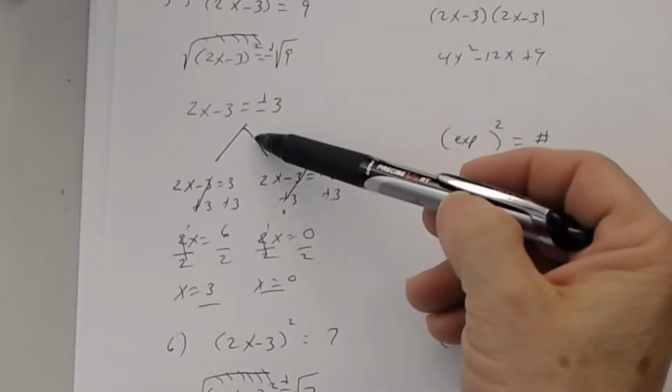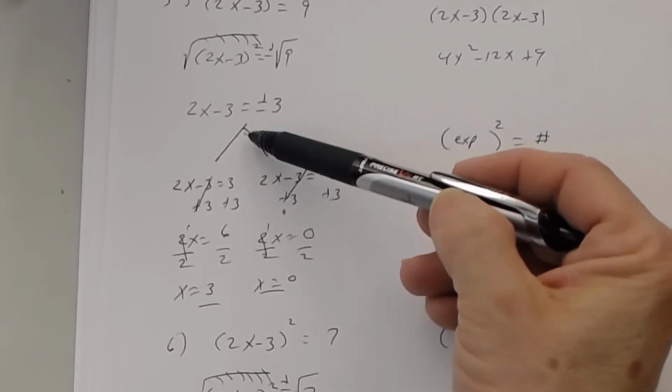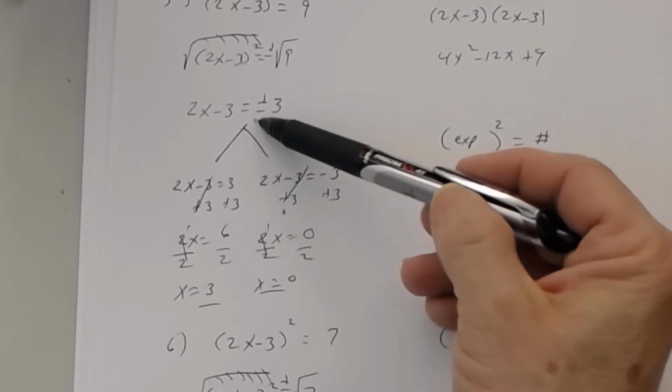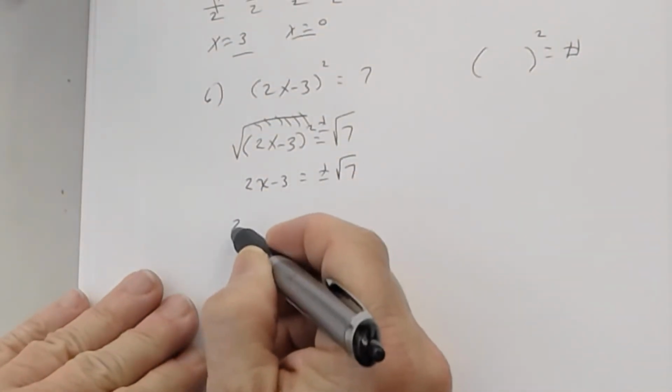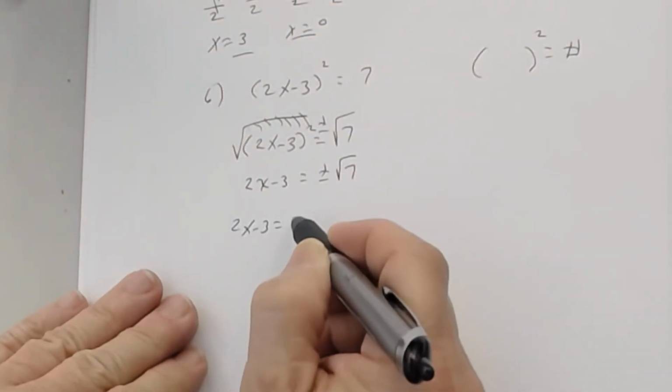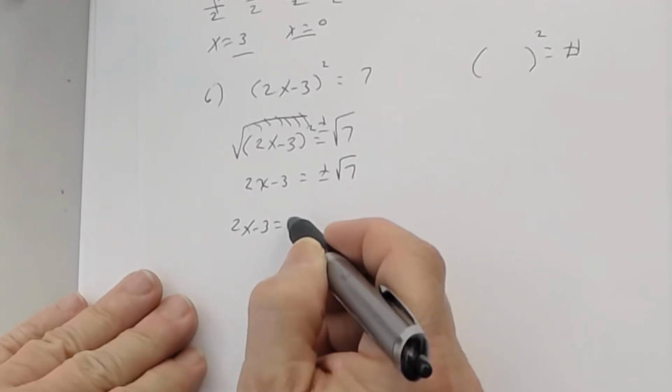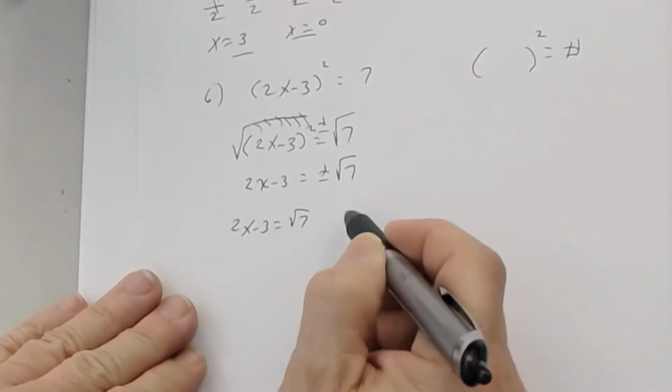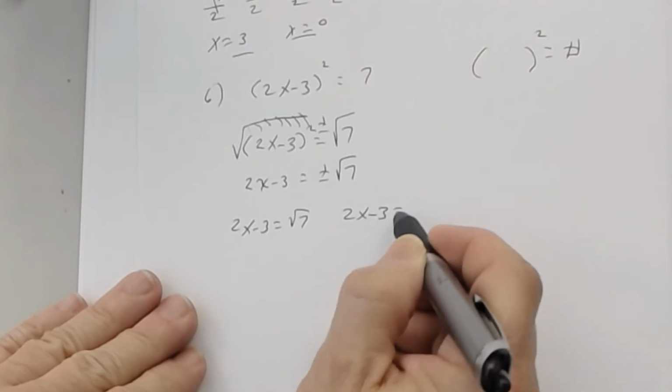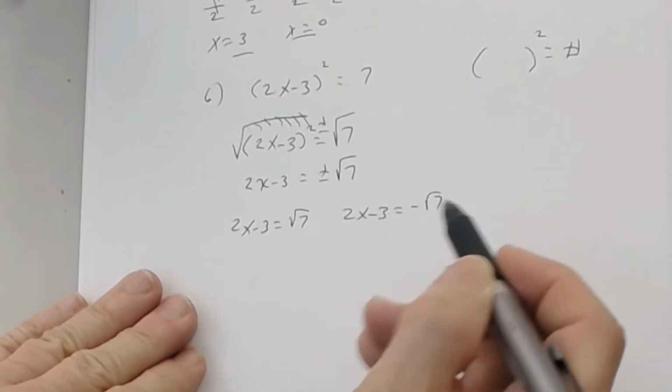When I did this one, what was the next thing I did? I wrote it as two separate equations, right? Okay, let's do the same thing here. So 2x minus 3 equals what? Not 7. Square root of 7. 2x minus 3 equals a negative square root of 7.